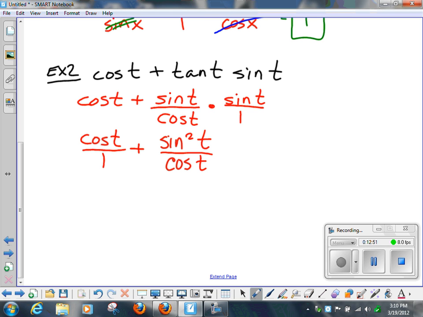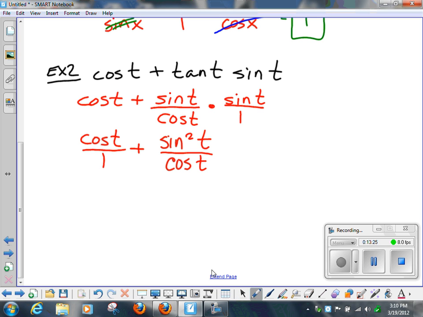When you have two fractions, folks, what do you have to have? You have to have common denominators, right? So what's the common denominator going to be? When I have 1 and I have cosine as my denominators, then my denominator is going to be cosine.